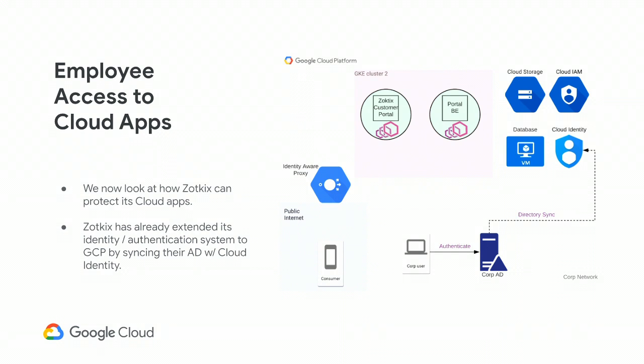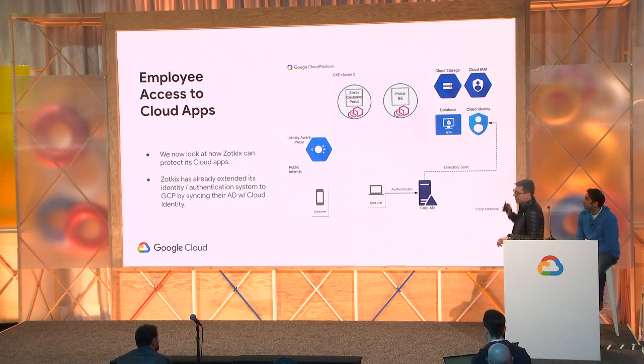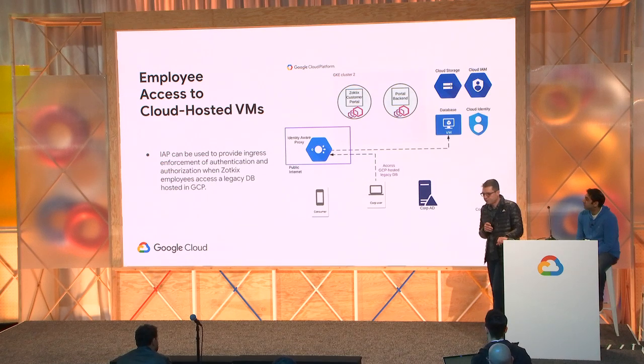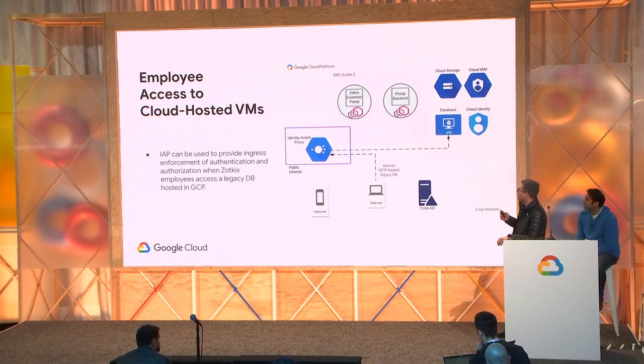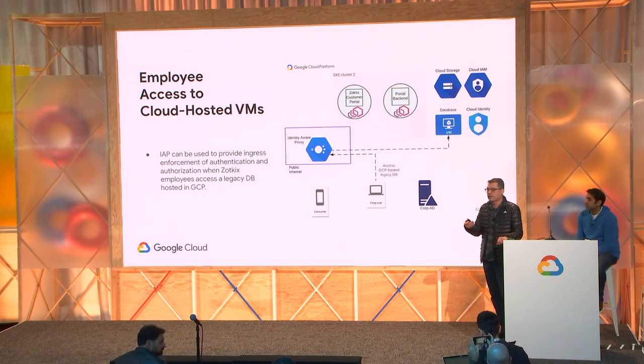Now let's look at how Zotkix can use the same architecture to protect their cloud apps. They have extended the identity system to GCP by using Cloud Identity. By leveraging the Identity Aware Proxy, they have authentication and authorization at ingress, which simplifies the management for the applications.